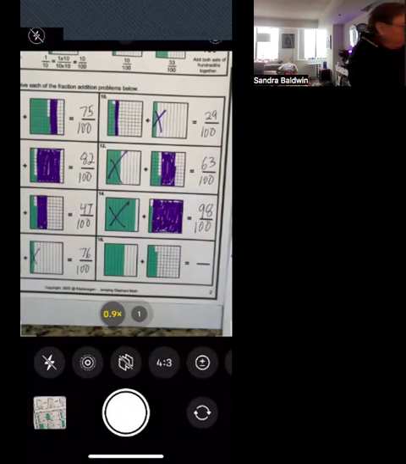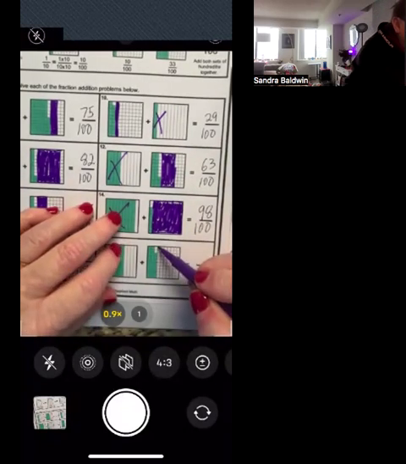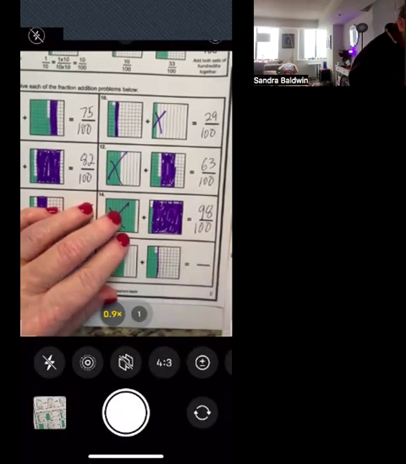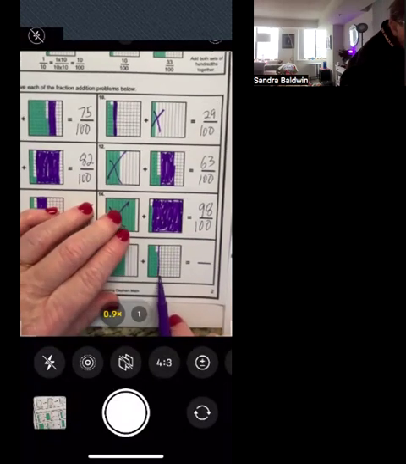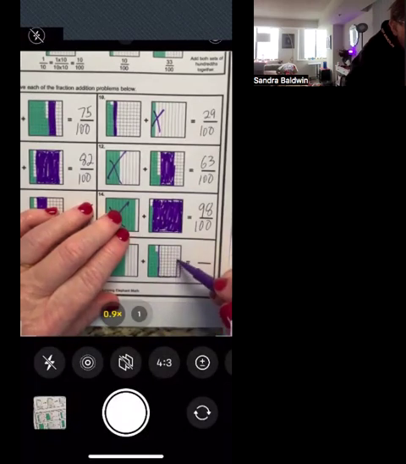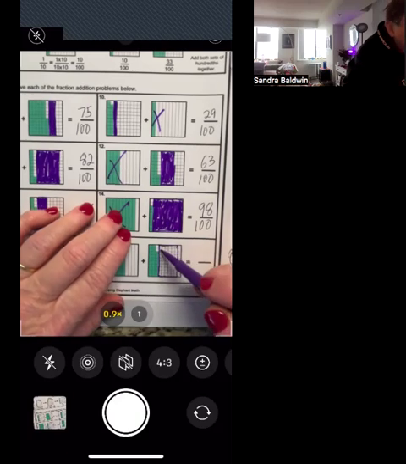So I need to draw 6/10 onto the hundredths. That would be 1, 2, 3, 4, 5, 6.